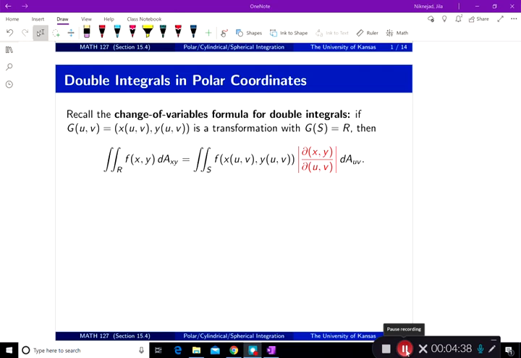Now, double integrals in polar coordinates. Recall the change of variable formula for double integrals.